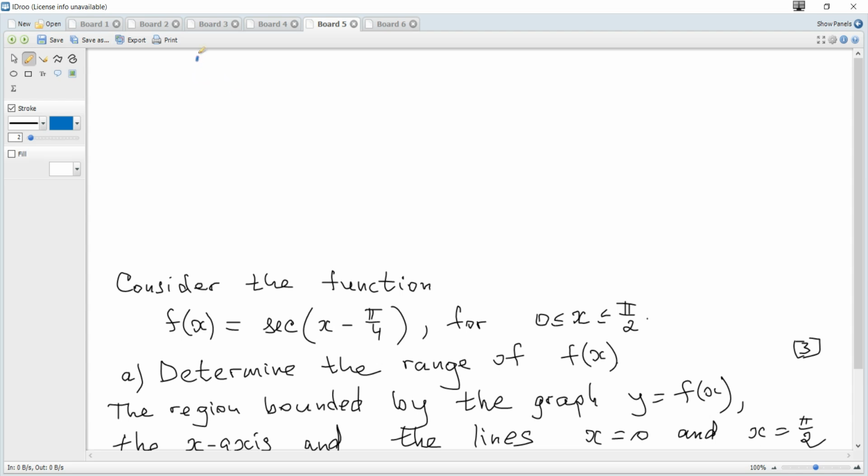Secant is 1 over cosine of (x - π/4), and it's just the usual cosine, but translated π/4 to the right. It's a horizontal translation.